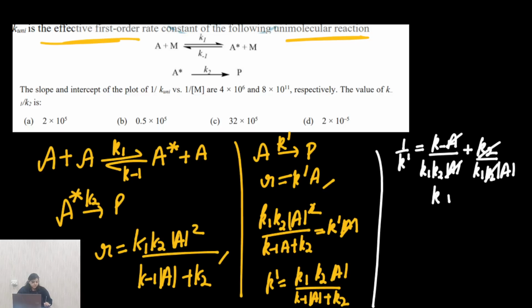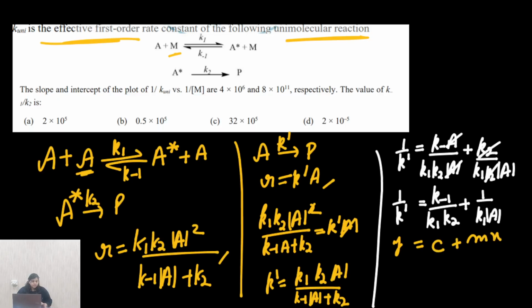It becomes K inverse upon K1 into K2 plus 1 upon K1 times A, which is equal to 1 by K dash. So this is the plot of 1 by K dash versus 1 by M. Instead of M, in the expression we have written it is A only, which implies a 1 by K dash versus 1 by A plot. This is Y equals mx plus C.